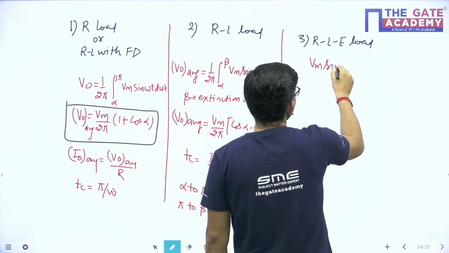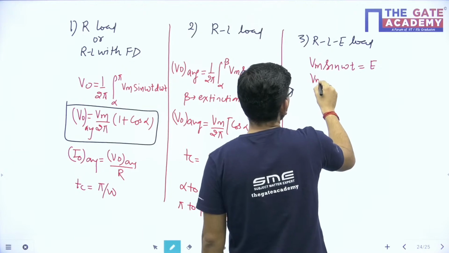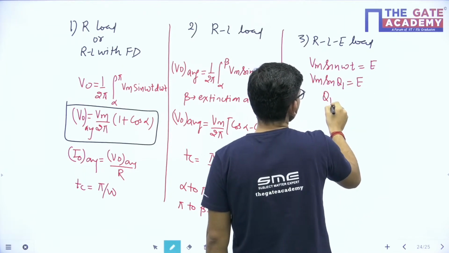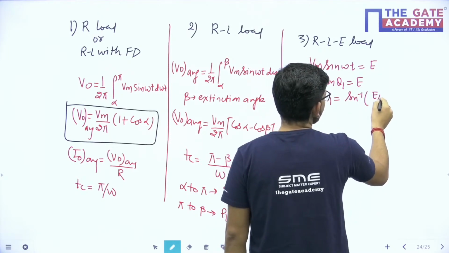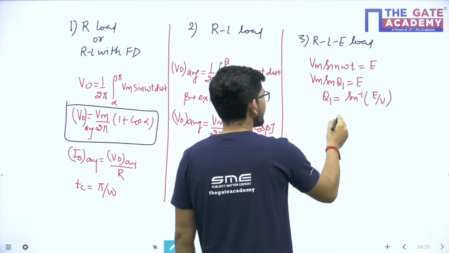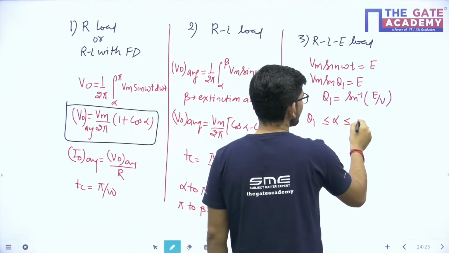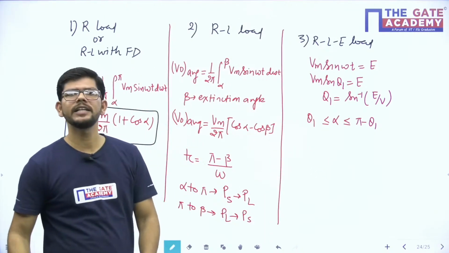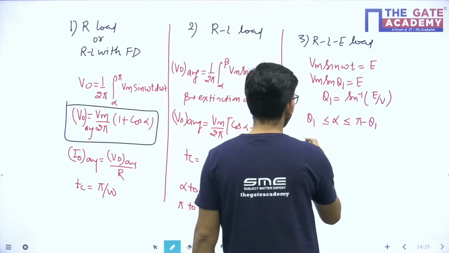When Vm sin omega t is equal to E, or we may say Vm sin theta 1 is equal to E, this theta 1 will be equal to sin inverse of E upon Vm. So the firing angle must lie in this particular range. It must be greater than theta 1 and it must be less than pi minus theta 1. This is the condition that we have.